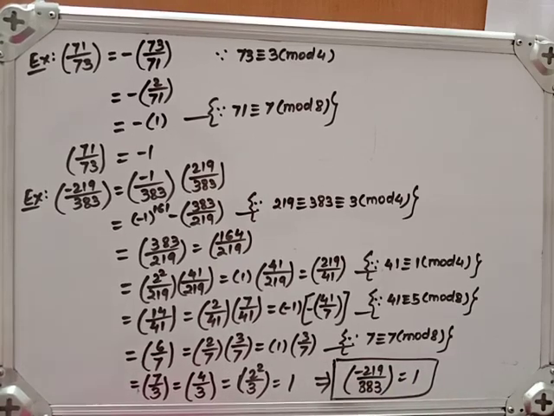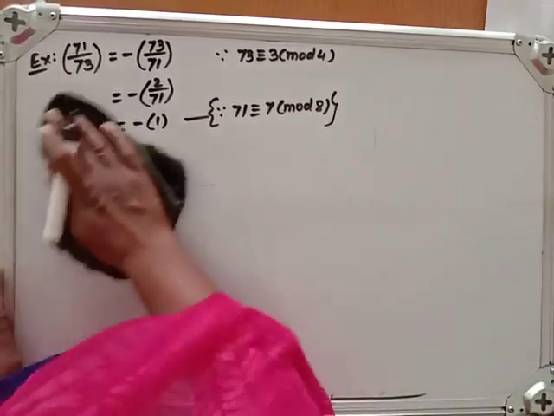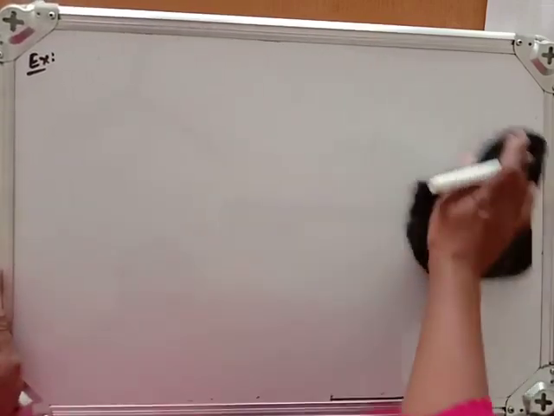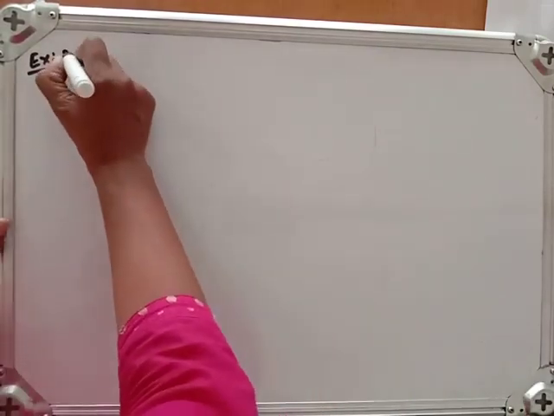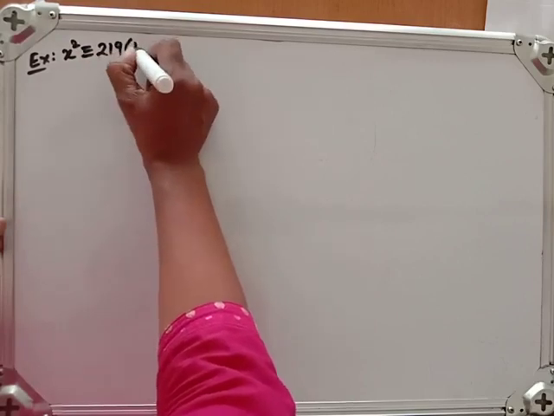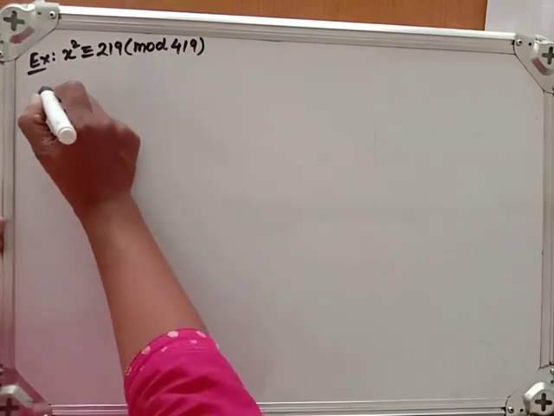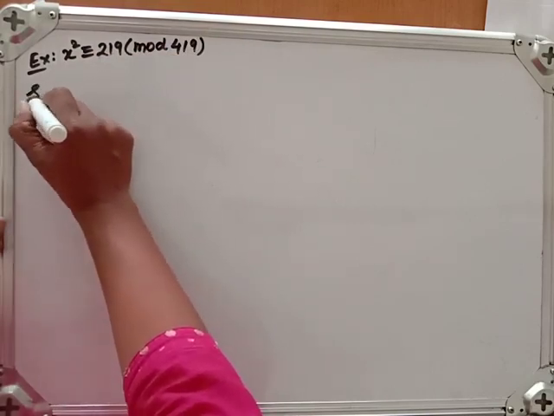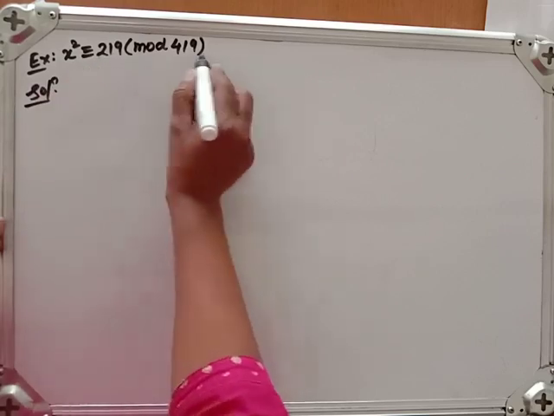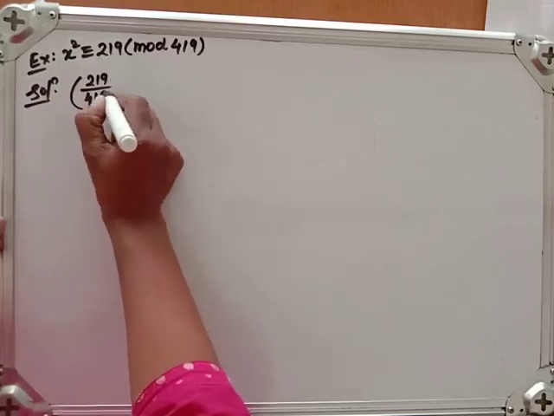Okay. Now, let's go for the next example. Again, solve the congruence x square congruent to 219 modulo 419. Solving this congruence is the same as finding the Legendre symbol of 219 by 419.